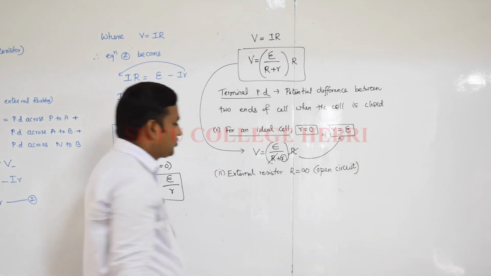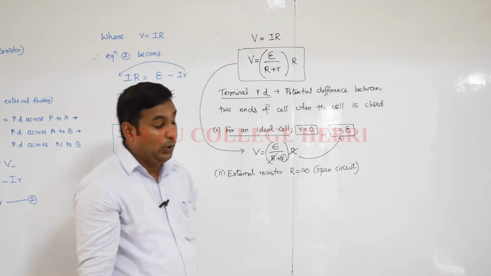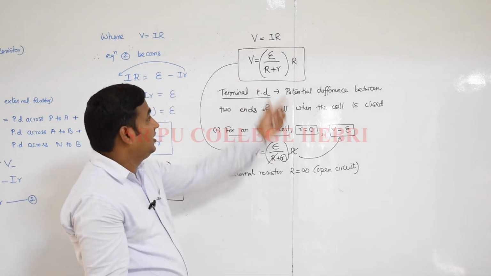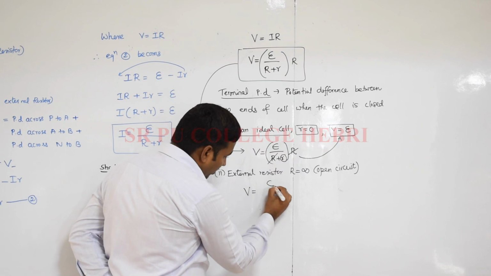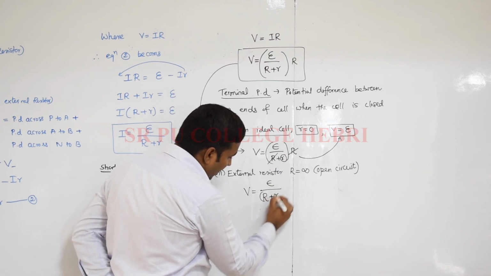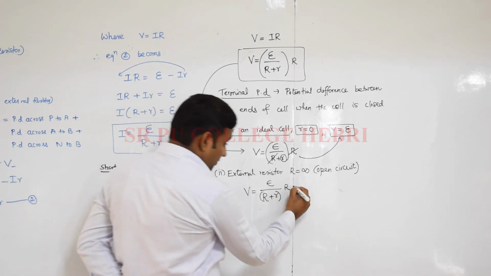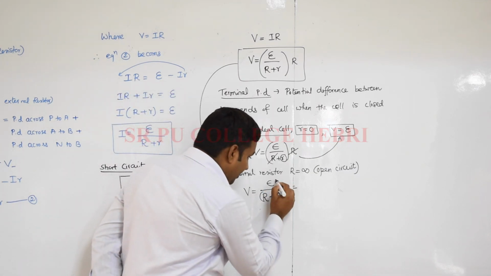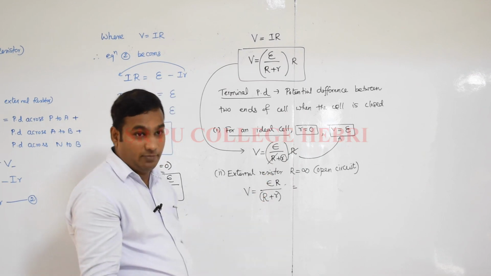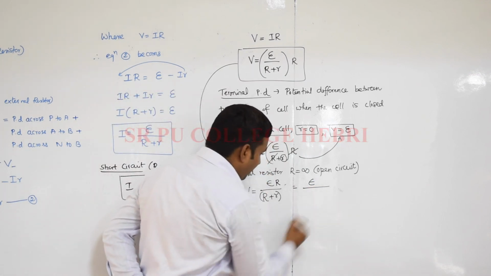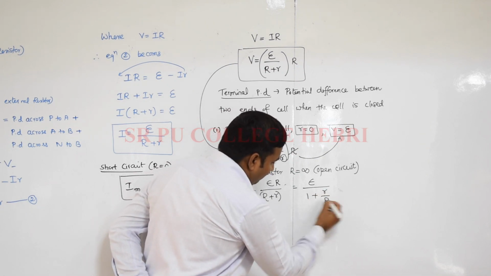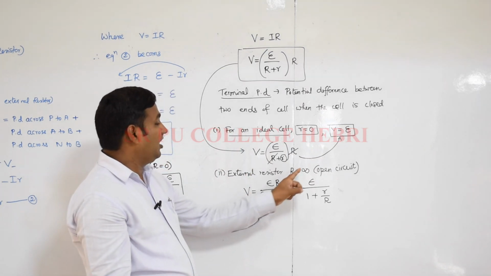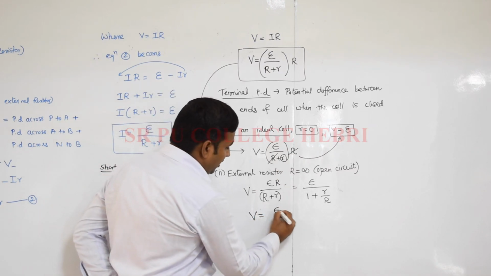In that case, V is equal to EMF divided by R plus small r, into R. Divide both numerator and denominator by capital R. We get EMF divided by 1 plus small r divided by capital R as the formula for the terminal potential difference.